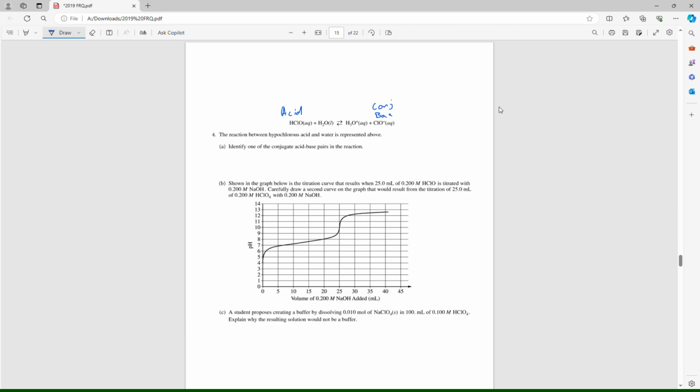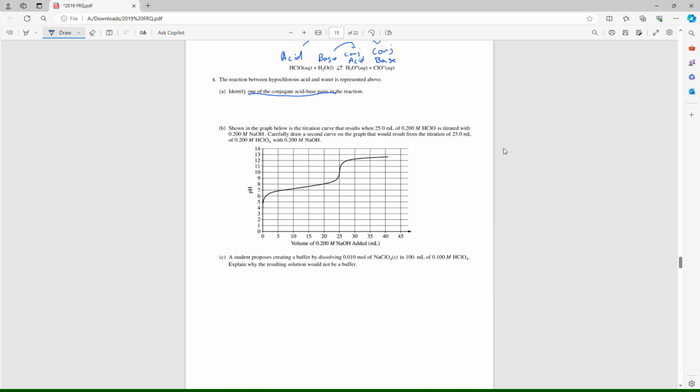An acid always becomes a conjugate base. And that means this H2O is a base, and it's becoming its conjugate acid. So it just says you need to identify one of the two pairs. So just pick one, or put both of them. Doesn't really matter.